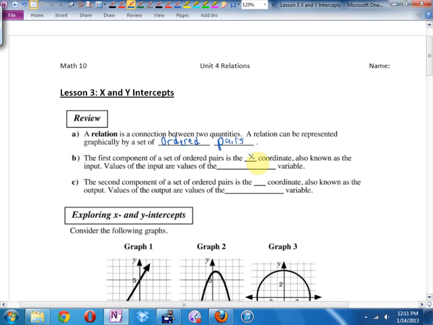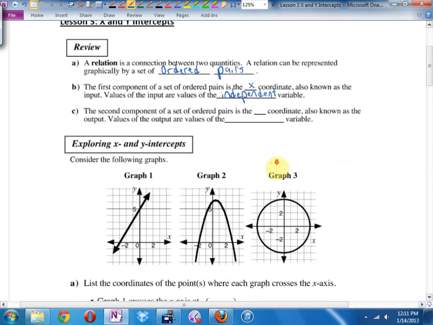And the values of the input are the values of the independent variable. The second component of a set of ordered pairs is the blank. I think that's the y coordinate. And that's the dependent. That's the output.